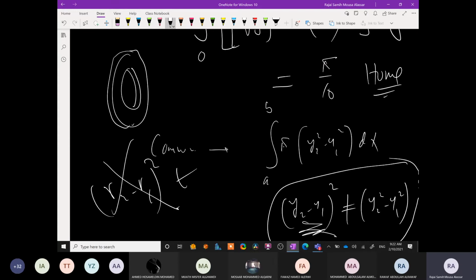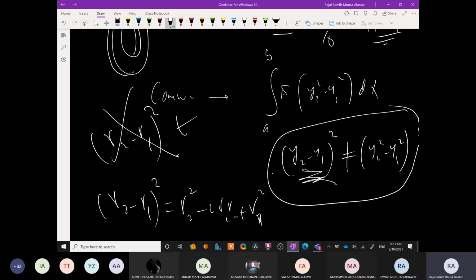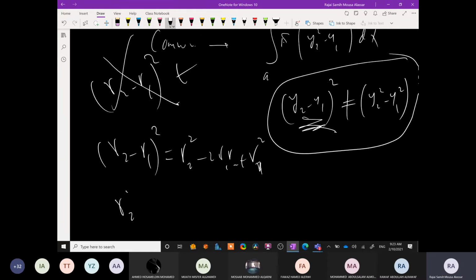This is incorrect because r2 minus r1 squared is r2 squared minus 2 r1 r2 plus r1 squared. However, r2 squared minus r1 squared does not equal that. So just be careful.